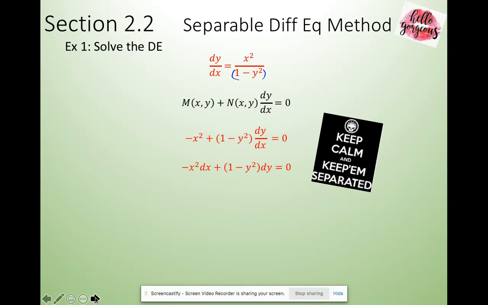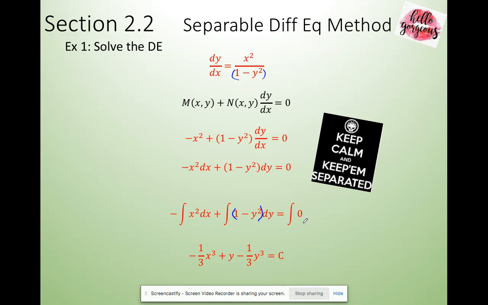I multiplied through by dx, and now I'm just going to anti-differentiate. We should put parentheses around there. Right, so x cubed, power up, divide by the power up, 1, y to the first divided by 1, y squared, power up, divide by the power up.